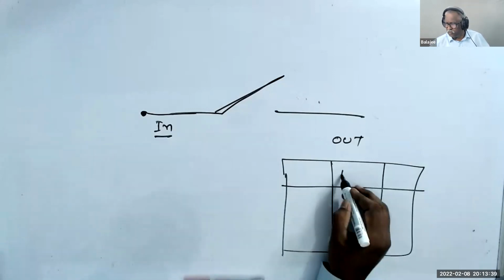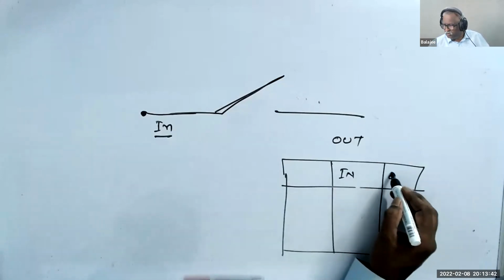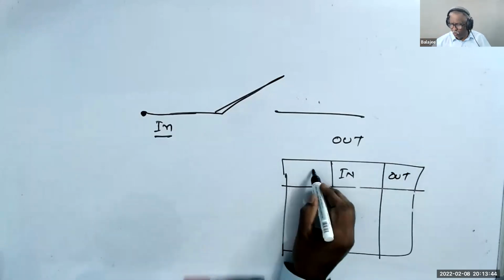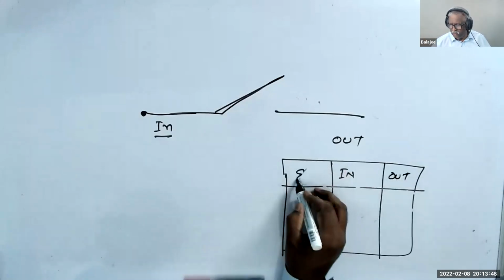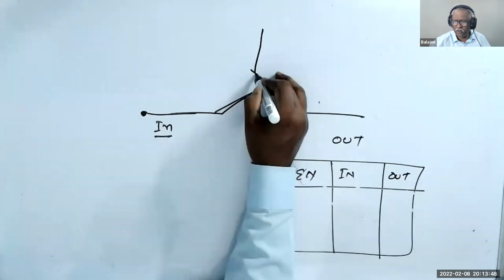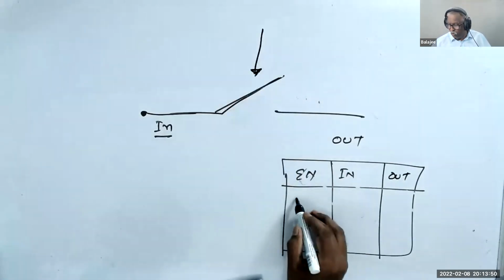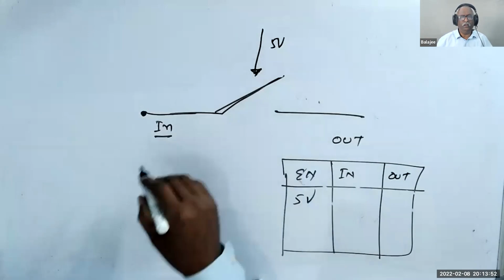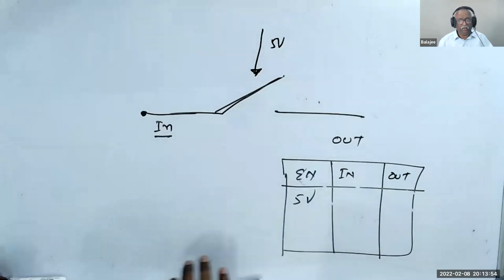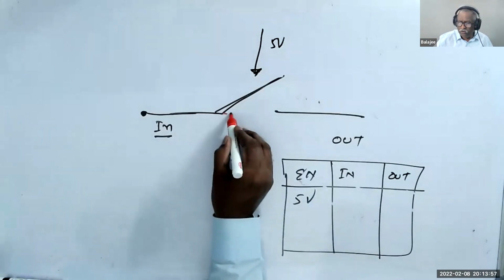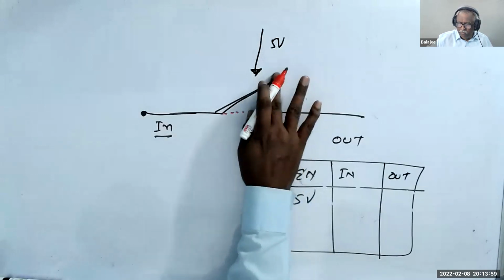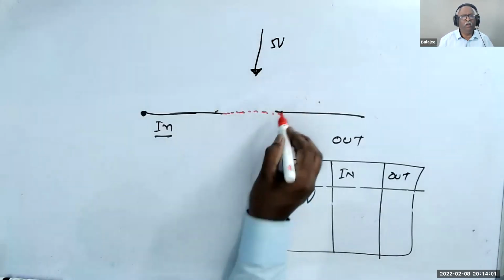I have input, I have output. And this is called control, or we can call it enable. When the enable is 5 volt, the switch is going to be on.